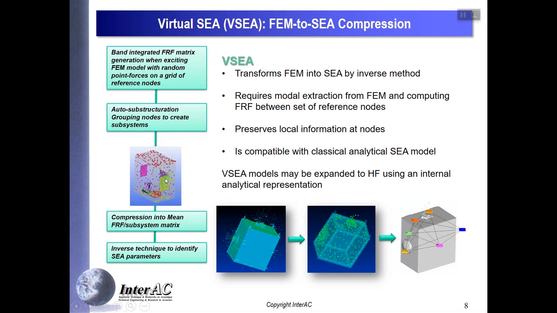And at the end, as soon as we have substructuring in a rather automated way, we can calculate the statistical frequency transfer between what we call subsystems, and then derive all SEA parameters. At the end, we have an SEA representation, that means an energy model, which has the same quality as the finite element model. And best, it's compatible with classical analytical SEA modeling.